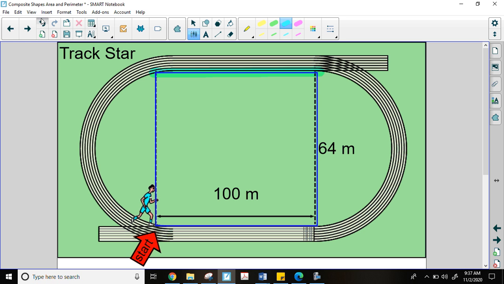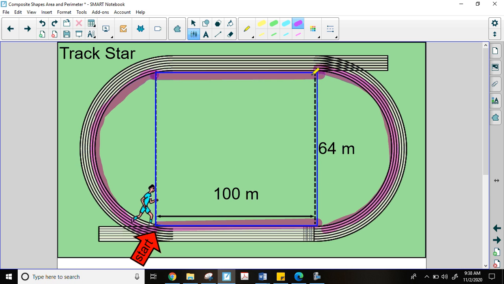let's do it in a different color. Pink, this side, and then we have to figure out this and this. Well, this half and this half make up a whole circle.